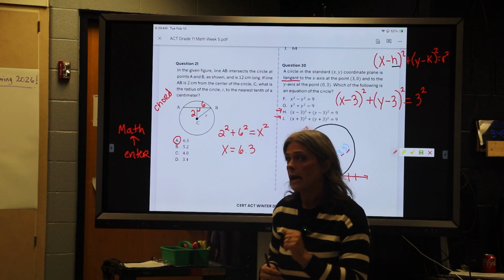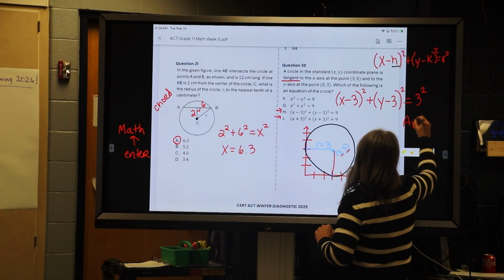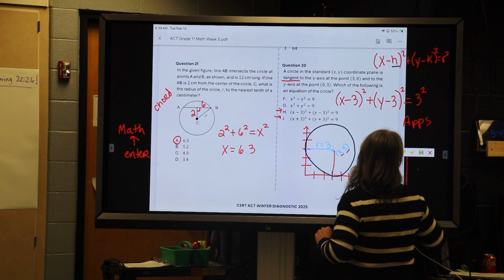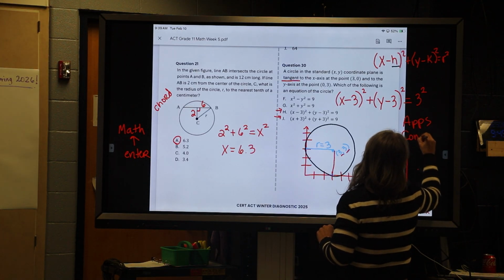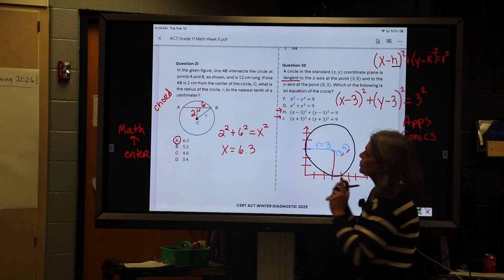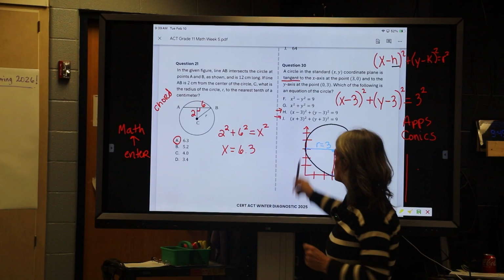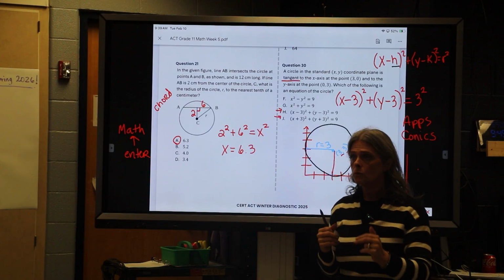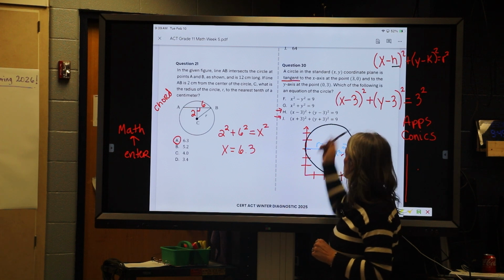So again, apps, I'm gonna write it over here. So if you go to apps, conics, and then make sure you look for the format of what your answers look like. If your answers don't look like this and they look like the other one, pick the second one, okay? But most of the time we're talking equation of a circle, it'll look like this.